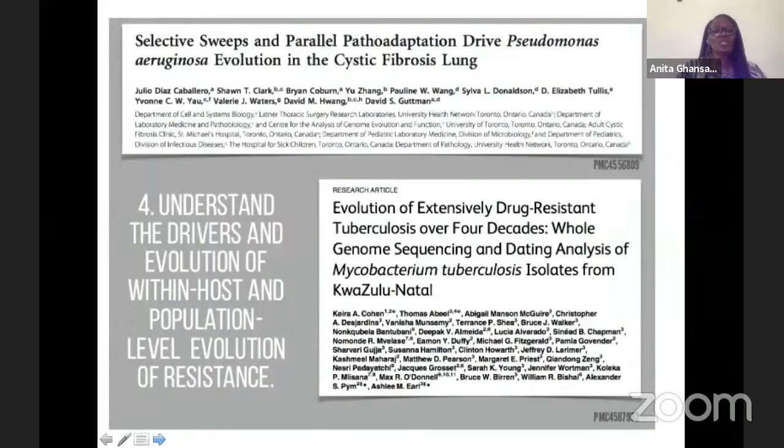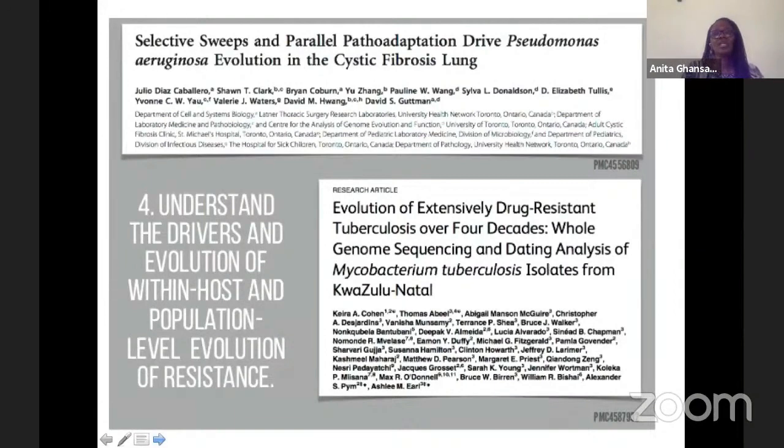Now, we are also interested in understanding the drivers and evolution of within-host and population-level evolution of resistance. So at the population level, we tend to look for signatures of selection. It could be a recent occurrence, so selective sweeps within the genome of pathogens that are linked with resistance.